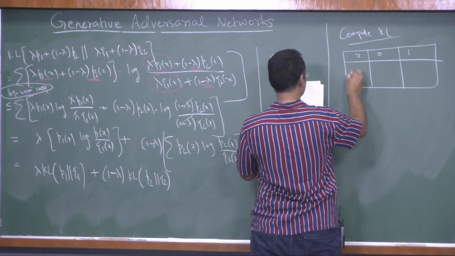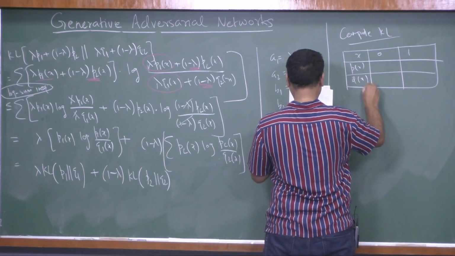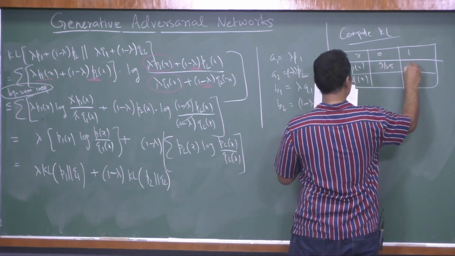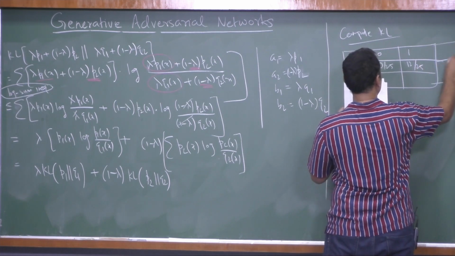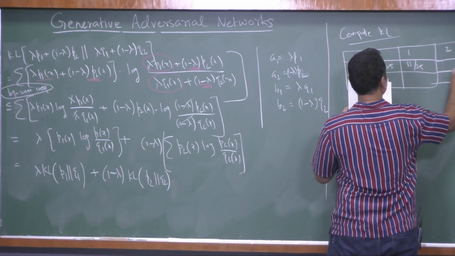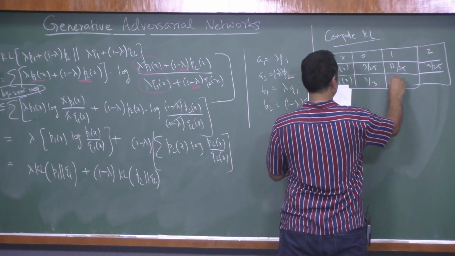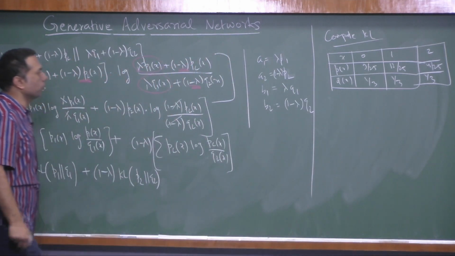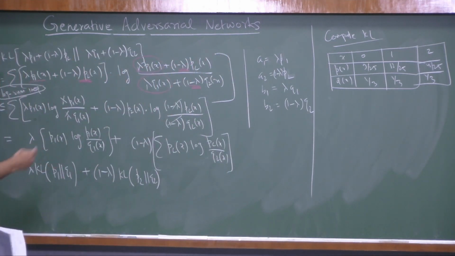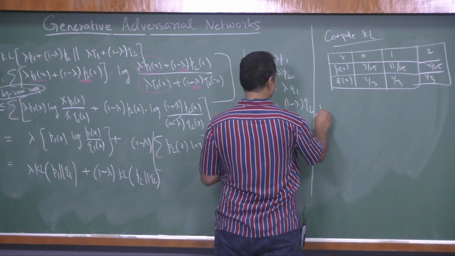Let us say your PMF values are given to you, Px: 9 by 25, 12 by 25, 4 by 25, and Qx: 1 by 3, 1 by 3, 1 by 3. I'm given two probability distributions Px and Qx, the PMF values are given to you, and you are supposed to compute the KL.